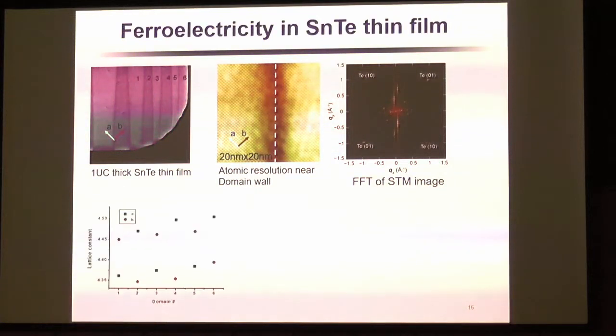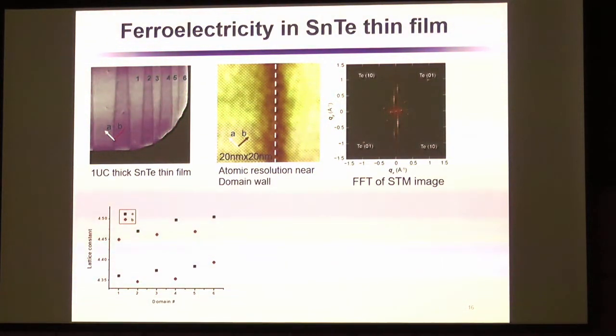What is surprising to us, we measure the lattice constant for each domain, and we find this oscillation relationship. For example, in domain 1, you can see the lattice constant B is larger than A, but for number 2, it's reversed.